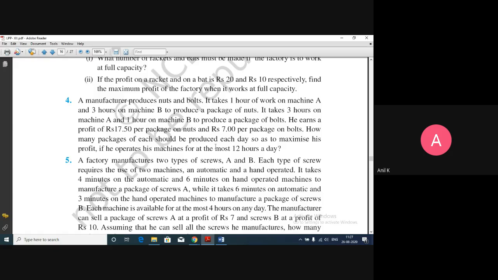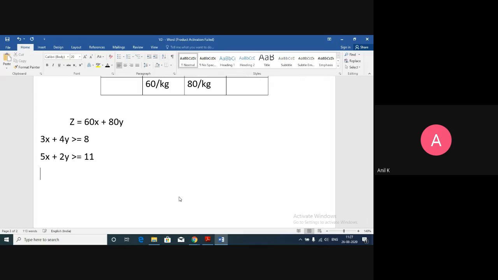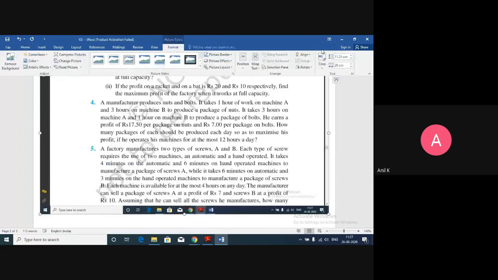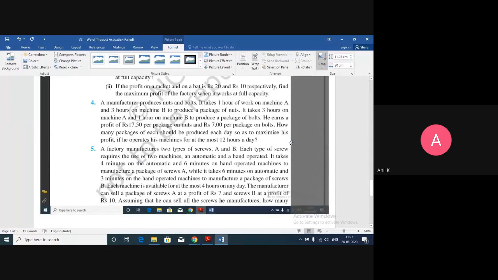Okay. Both the machines run 12 hours per day. Then how can you maximize the equation? So I give the time, try to make it. Let me fetch the equation here. And we have to make the table for this. So you tell me what I have to take x, what I have to take y.